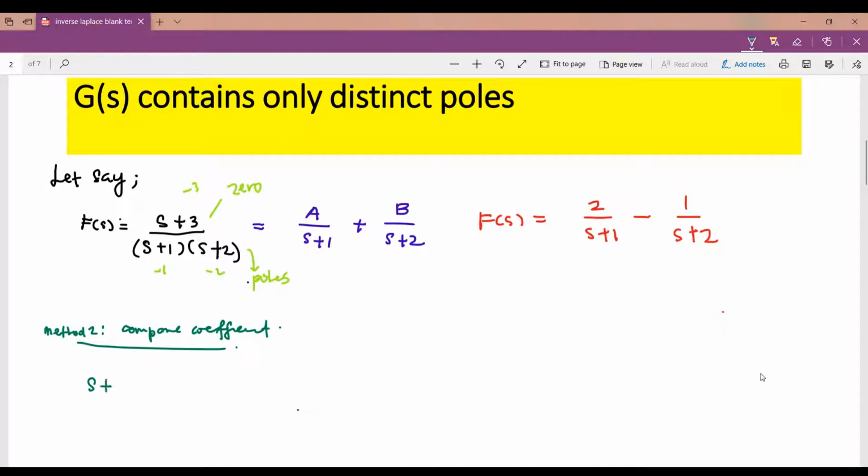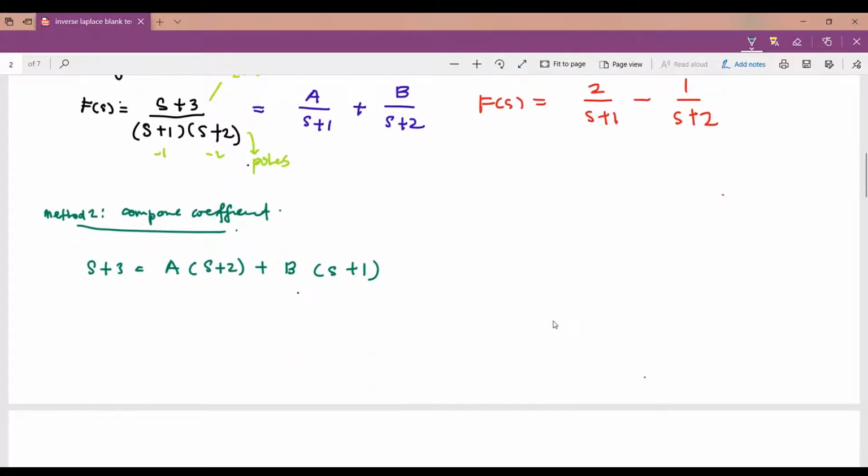So s plus 3 is equal to A times s plus 2, plus B times s plus 1. I make the equation in one row only, so that I normalize the denominator. I just copy the numerator, because I want to make a comparison. So I just open the brackets: 2A plus Bs plus B.